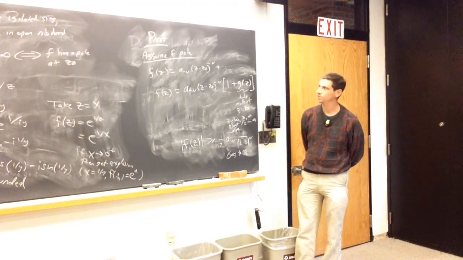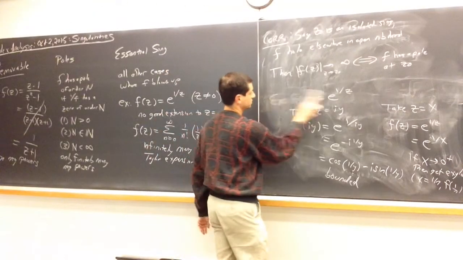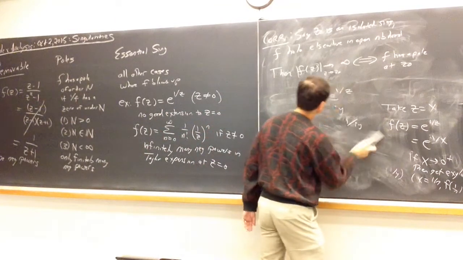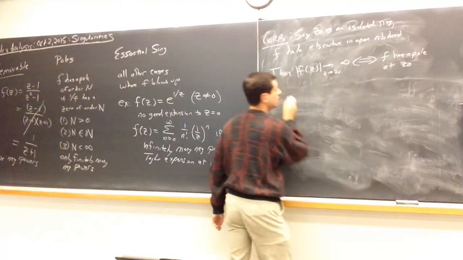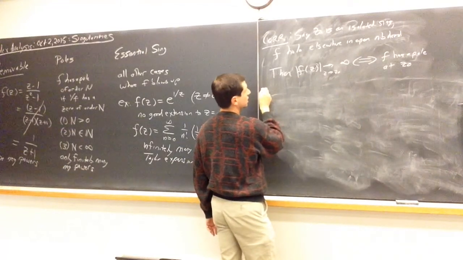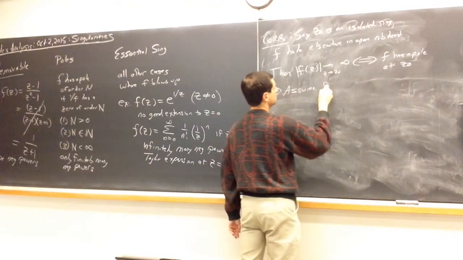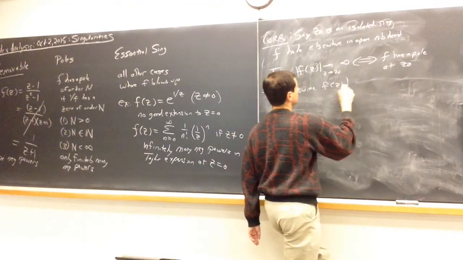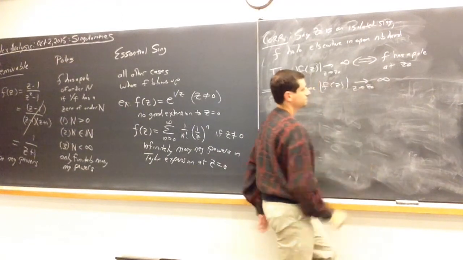So now the question is, what about the other direction? Let's assume f of z goes to infinity as z goes to z naught.